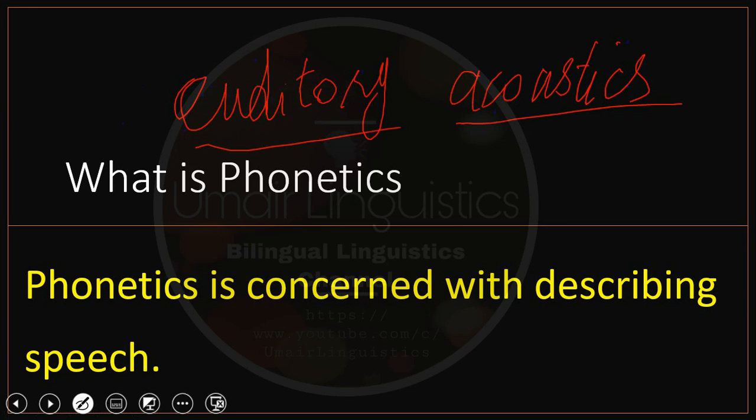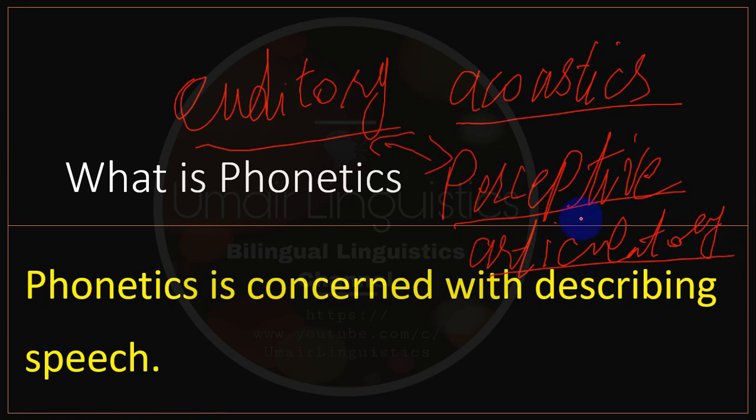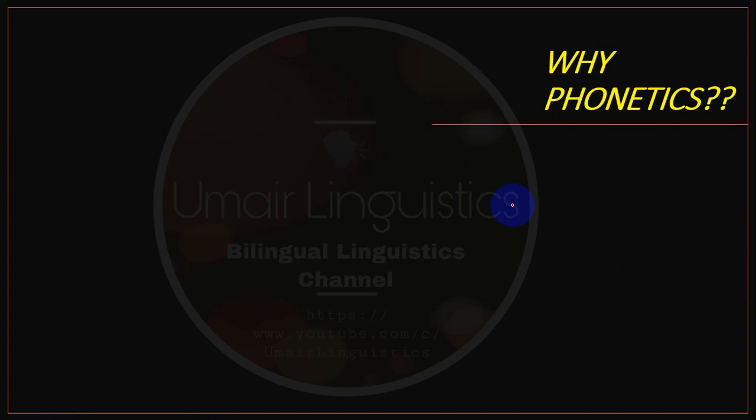And then sometimes we also have perceptual as well. Sorry, and articulatory. Auditory and perceptual are actually the same, but articulatory is another branch in which we study how we produce sounds, the whole mechanism. And actually, this lecture will be somehow about articulatory phonetics.